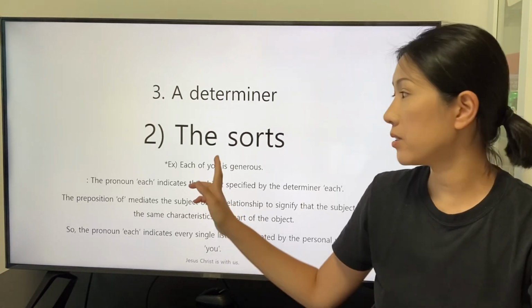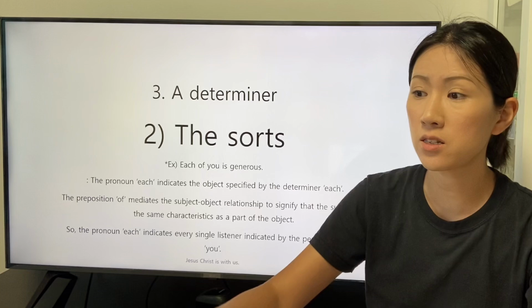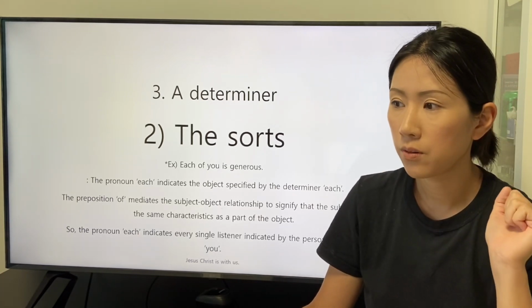So we can understand that the pronoun each indicates the listener as a person.